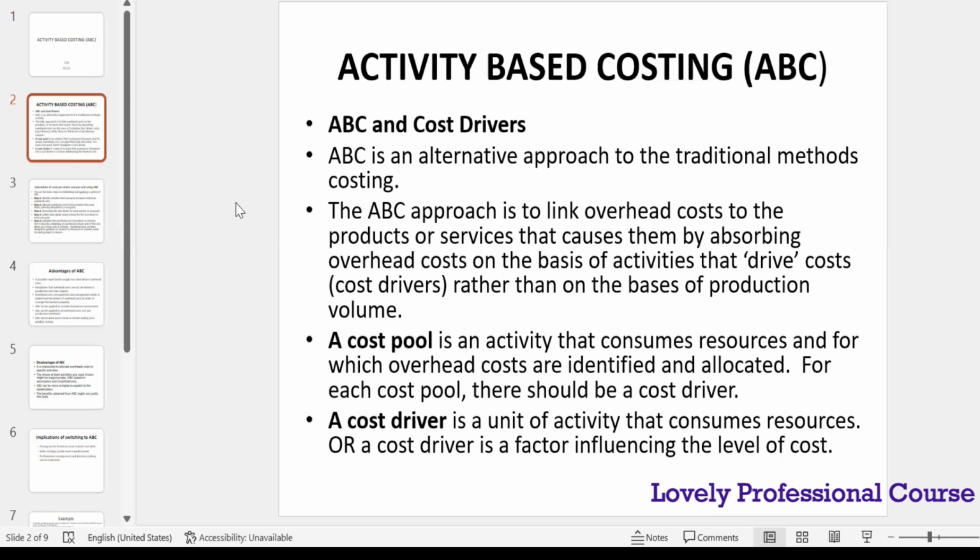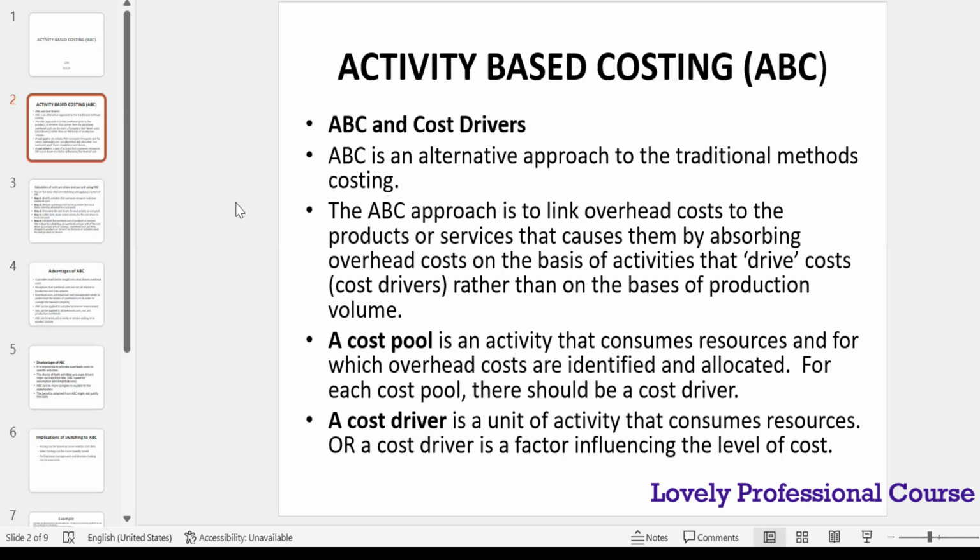For example, let's say we have electricity and they pay 200,000 Rwandan francs. If they pay that amount for those expenses in general, that is called a cost pool, to which overheads are identified and allocated.